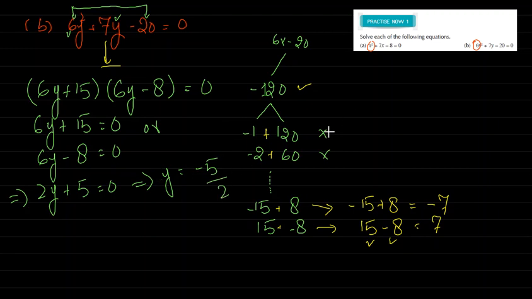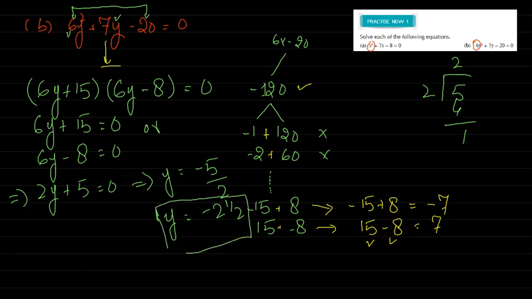And if you further manipulate it, it becomes y is equal to minus 2 whole number 1 by 2. This was the first value, and if you manipulate this other value, what it becomes, if you can divide by 2, you will simplify it.